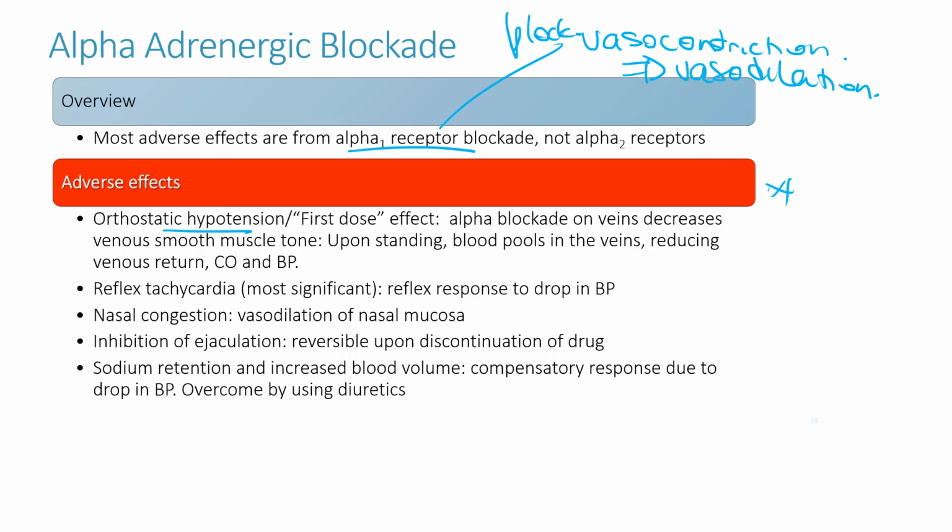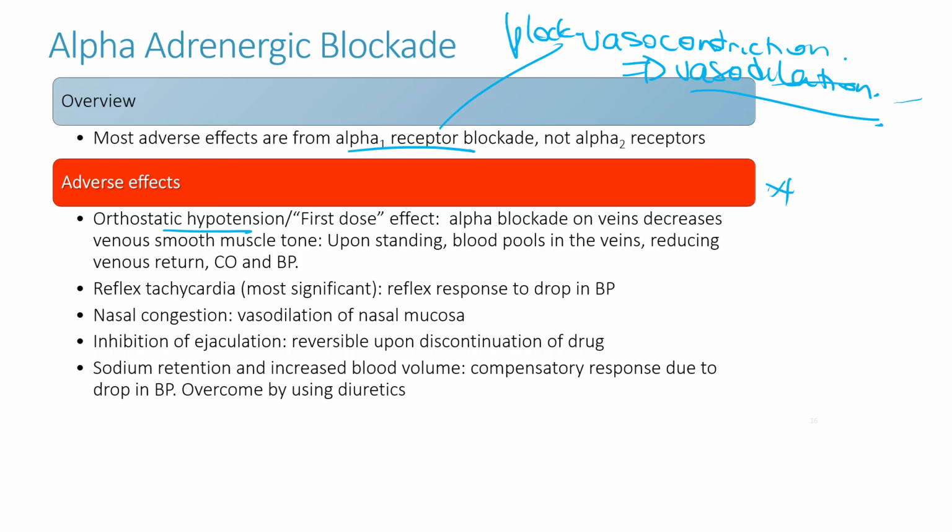Now, people who are taking alpha antagonists basically can't vasoconstrict as well, right? And so when they're moving from supine to sitting, sitting to standing, they can't constrict, so blood basically pools in their extremities, in their legs, and then you've got less blood going to the heart and less blood going to the head, right?